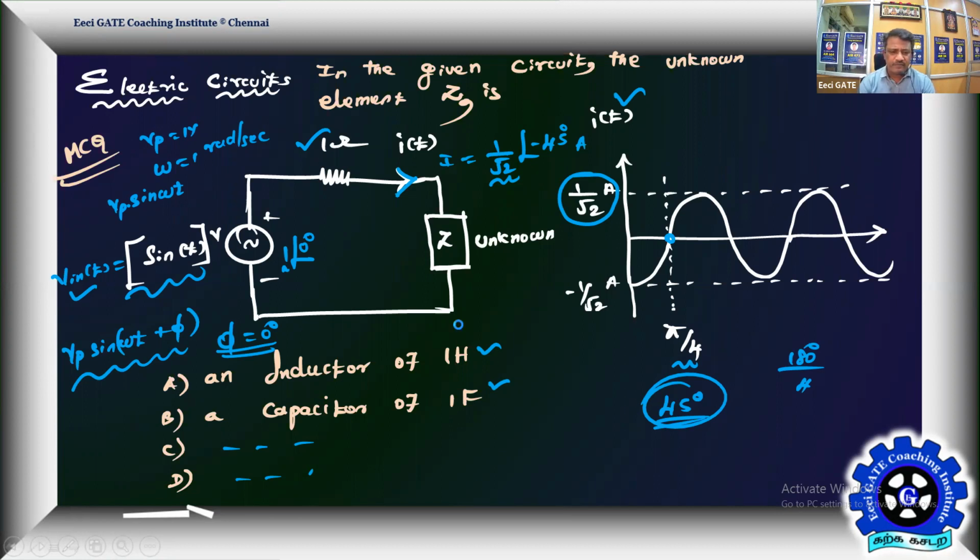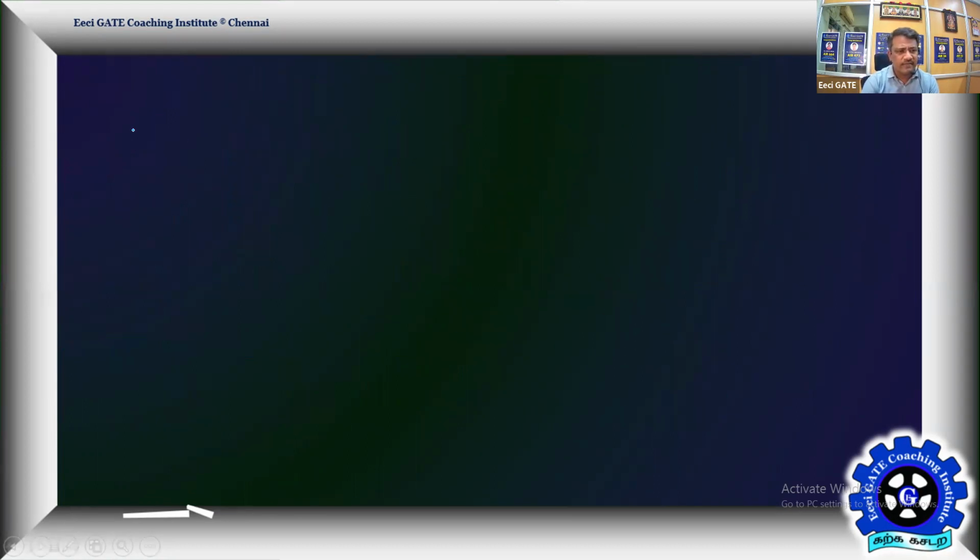So what is given is the current. Current is 1 by root 2 at an angle minus 45 degree. That's the current. What is fundamentally the current? The current is equal to V in divided by the total impedance offered by the circuit.